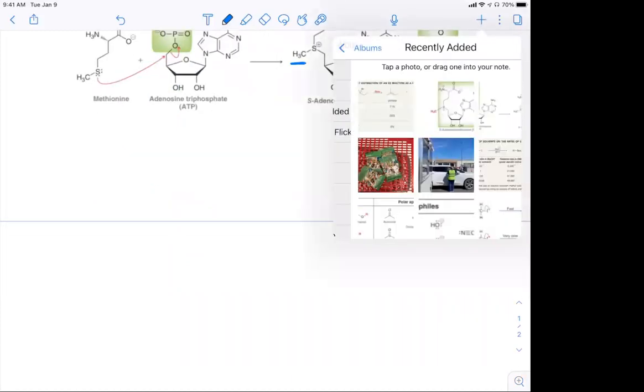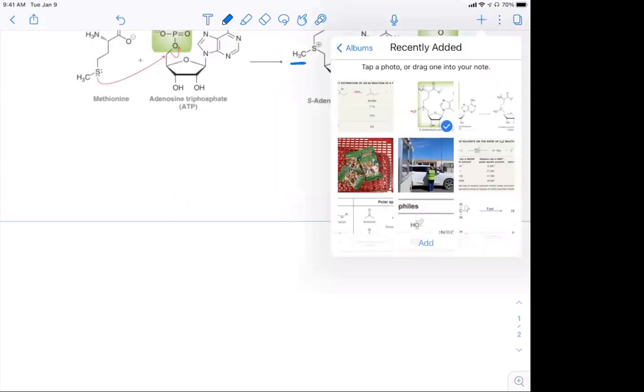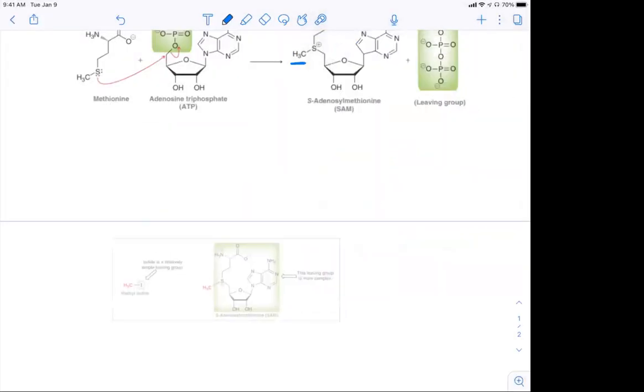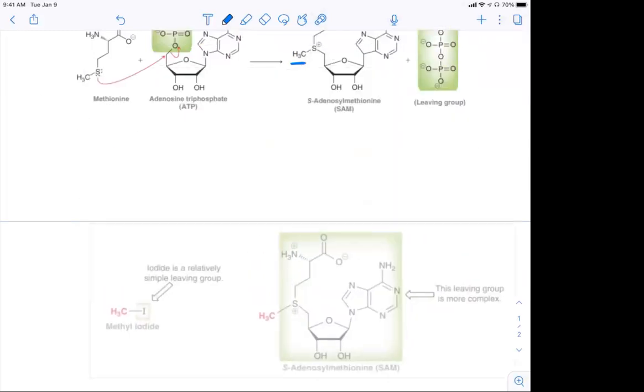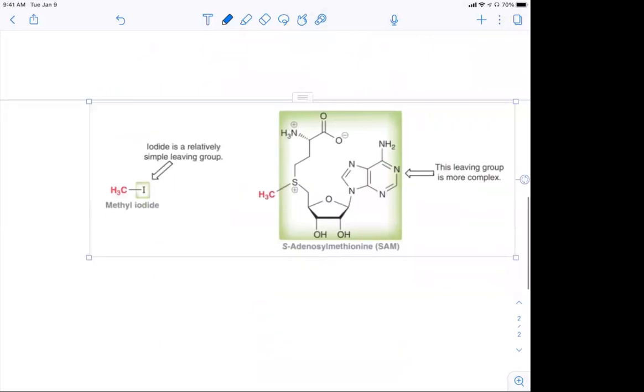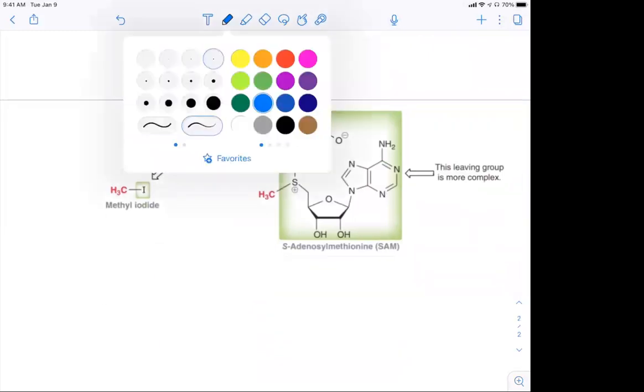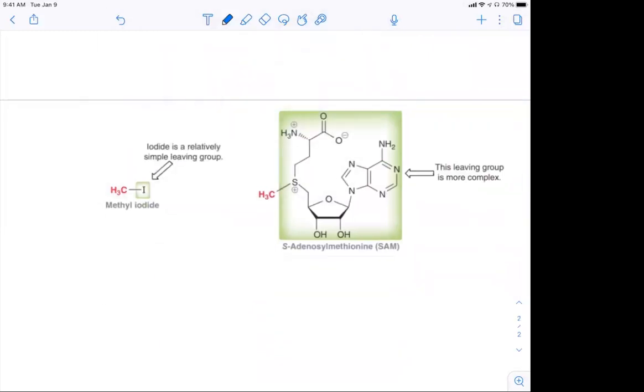If we look at the comparison of our methylating agents, it's really just that methyl group that we need to watch for. In methyl iodide, the iodine is the leaving group. In SAM, all of this is the leaving group.